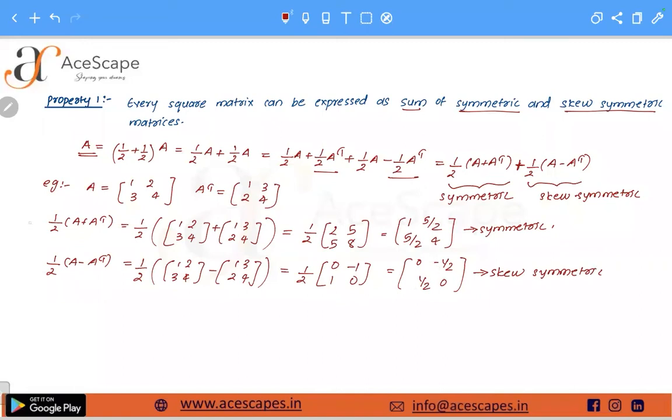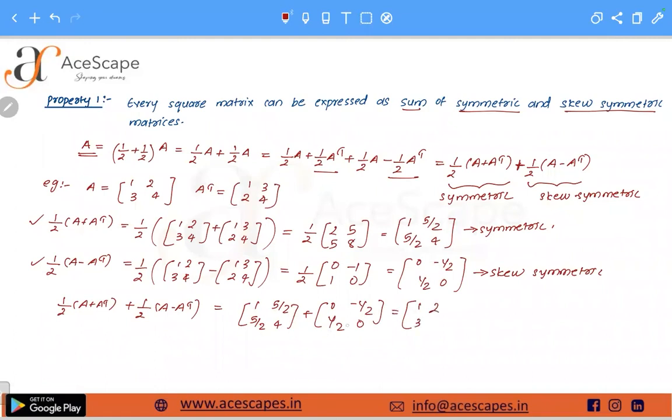So when we add these two, half of A plus A transpose plus half of A minus A transpose, that is, we are adding up a symmetric and skew symmetric matrix, we will get [1, 5/2; 5/2, 4] plus [0, minus 1/2; 1/2, 0], which is equal to 1 plus 0, 1; 5/2 minus 1/2, 2; 5/2 plus 1/2, 3; 4 plus 0, 4, which is equal to the matrix we started with, A. So a matrix A can be written as the sum of a symmetric matrix and a skew symmetric matrix.